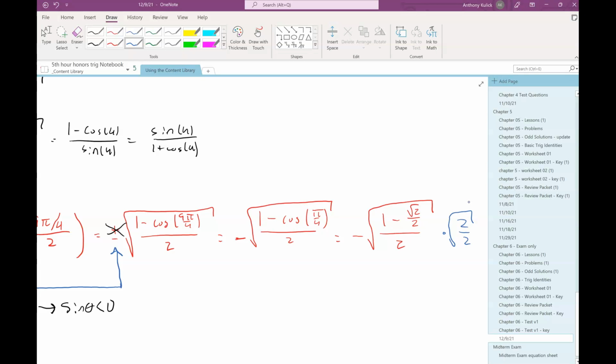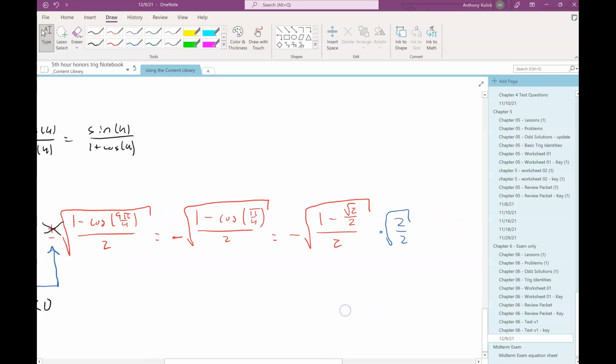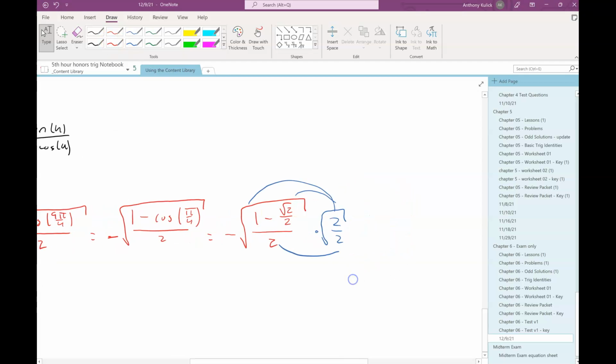You can't multiply something under a square root with something outside of a square root. Okay? But the same kind of thing, we just multiply the 2's now. Everybody's okay with that?